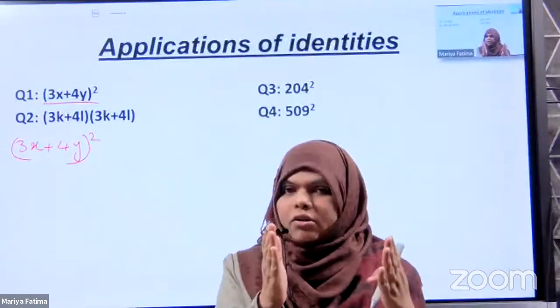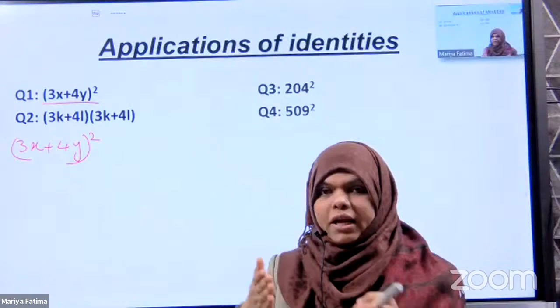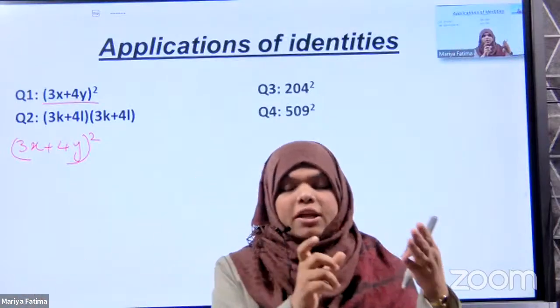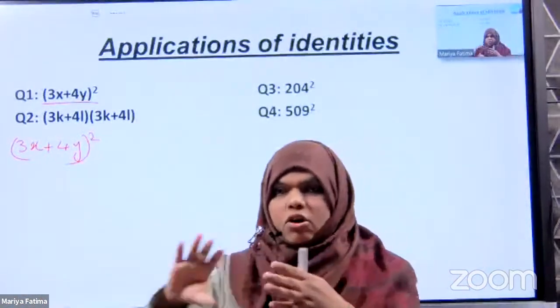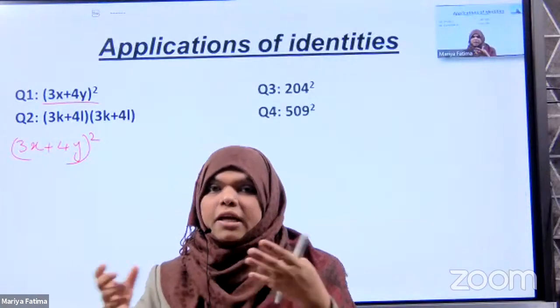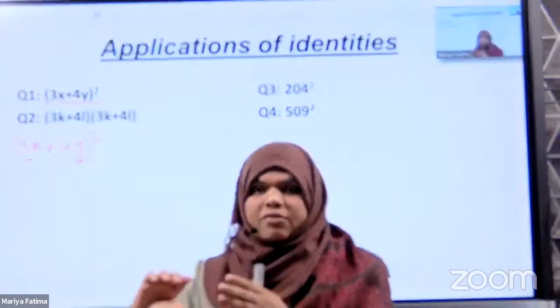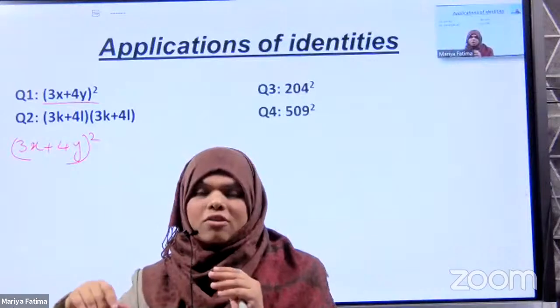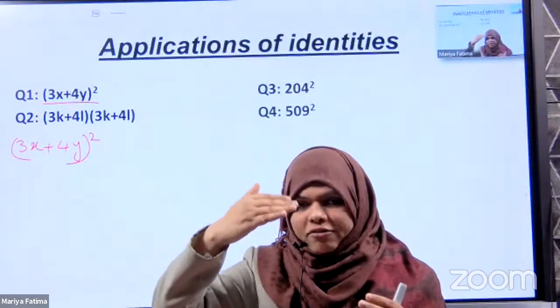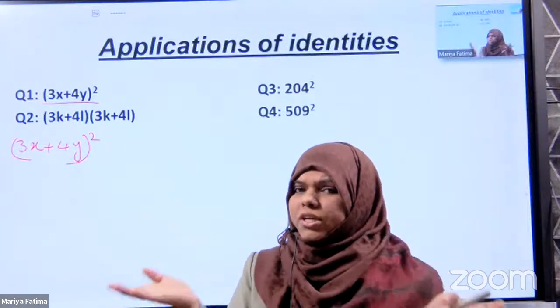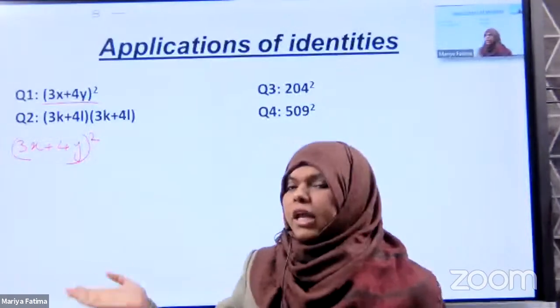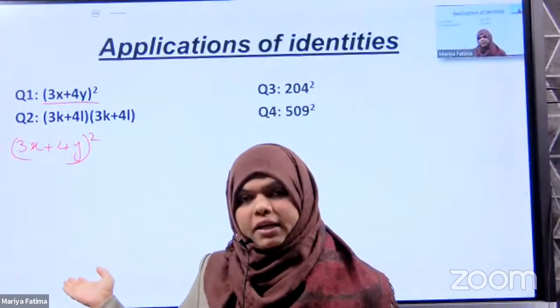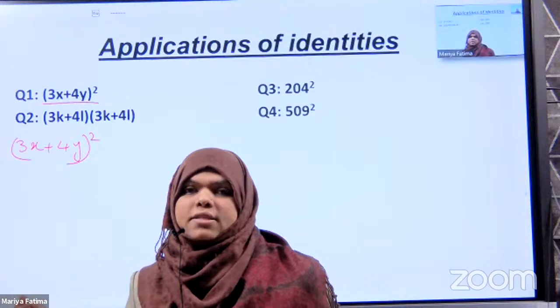We have to write 3x plus 4y into 3x plus 4y. Then we have to multiply the first term with all the terms of the second binomial, then take the second term and multiply with all the terms of the binomial. So like that we have to do a long process. Instead of doing that much long, if you use the identity here, directly you can get the answer.